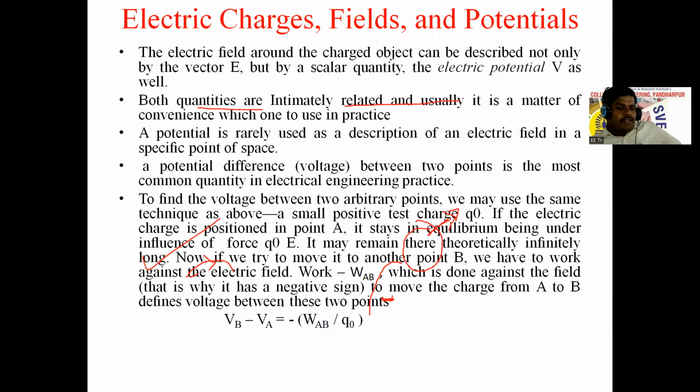Okay. See, the electric field around the charged object can be described not only by the vector E but by a scalar quantity, that is the electric potential. Now what is electric potential? Electric potential is a scalar quantity.